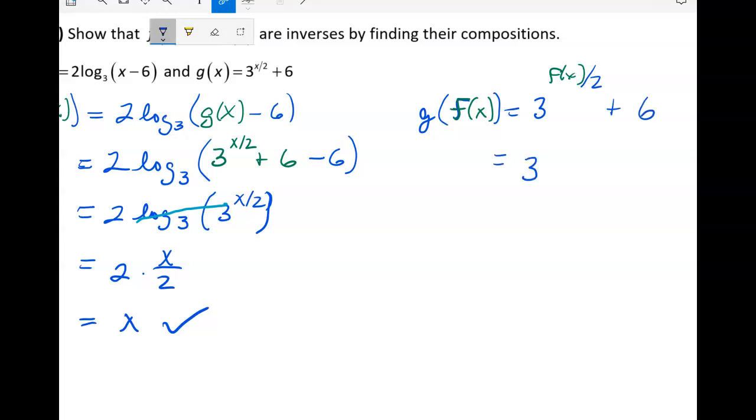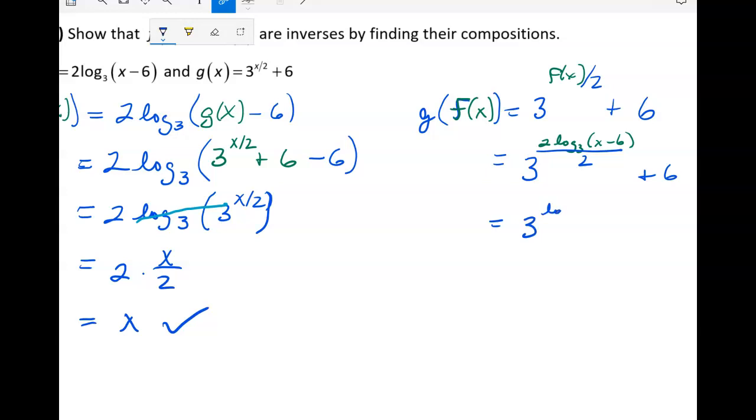So now let's replace f of x with the expression that's equal to f of x, which is 2 times the log base 3 of x minus 6. And remember that the input was over 2 plus 6. Okay, times 2 and divide by 2 are going to undo each other.